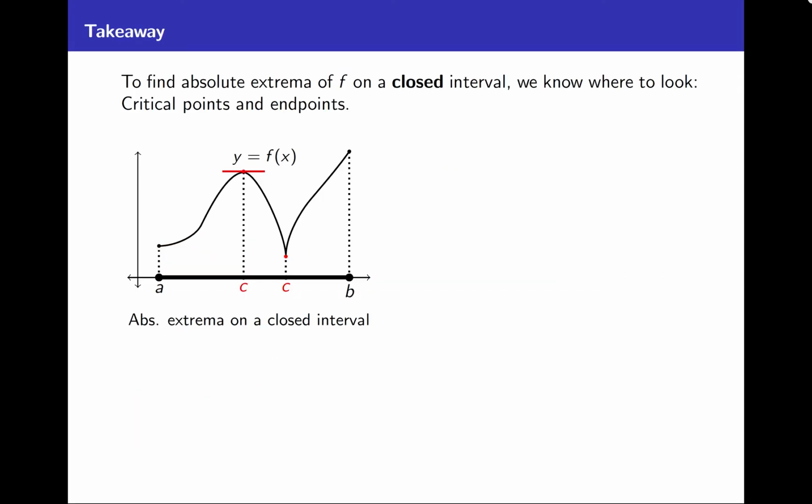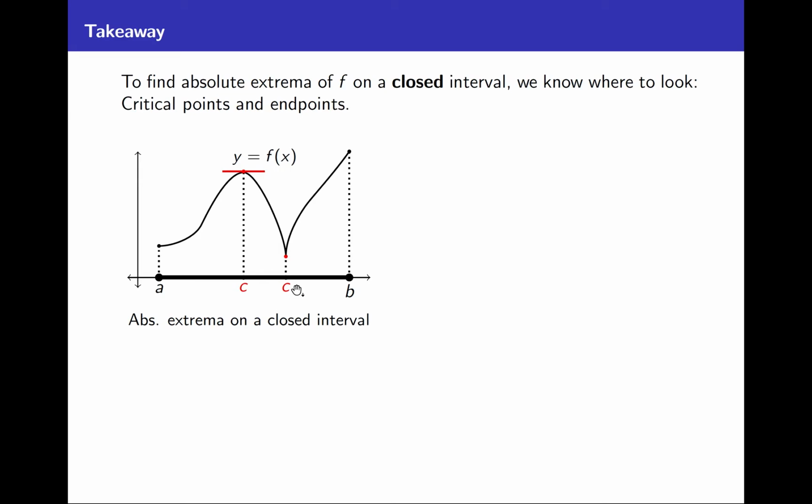The takeaway from these examples is this. To find the absolute extrema of f on a closed interval, we know where to look: at critical points and at endpoints. So here's a function on a closed interval from a to b.